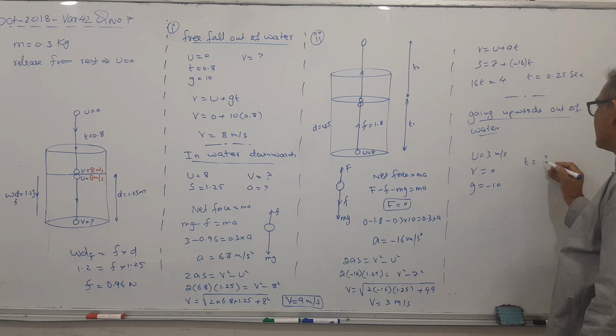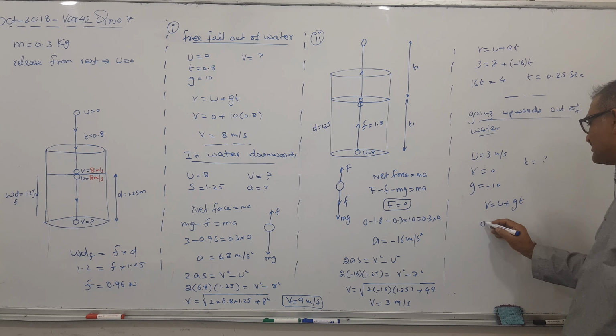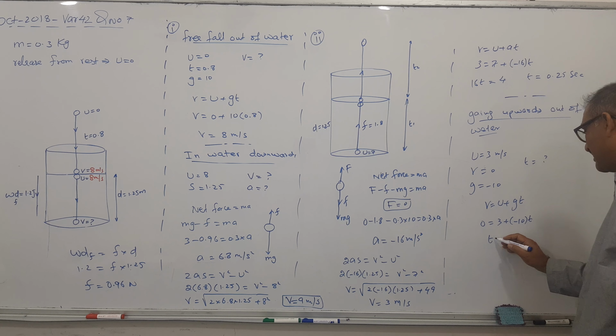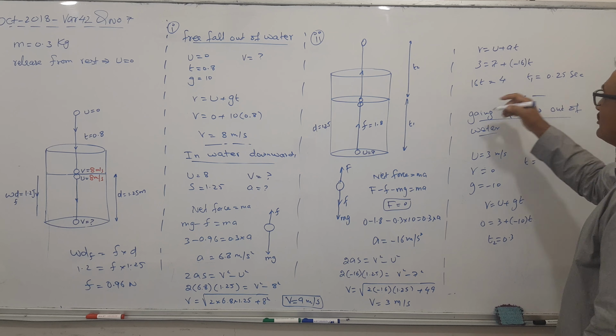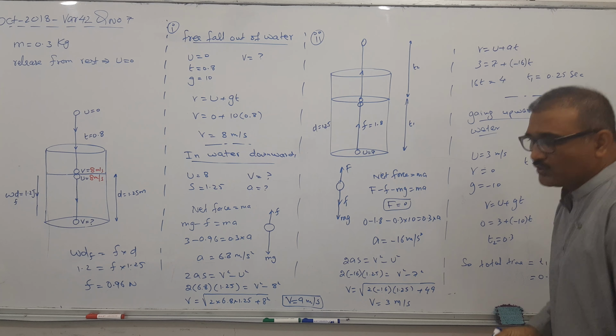Using v equals u plus gt, the time becomes 0.3. This is t2, and the earlier one is t1. So total time is t1 plus t2, which is 0.55 seconds, and the question is over.